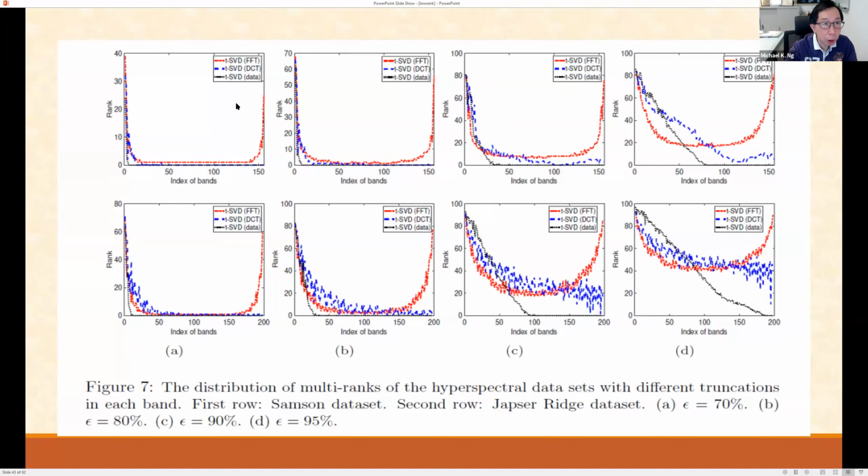If you consider, say, 70%, in this case you have this bad line that is very close, and you only have a large rank here. Compared with other truncations, you see that the TSVD based on the data-dependent transformation has a much better rank structure compared with the FFT and even the DCT in this case.